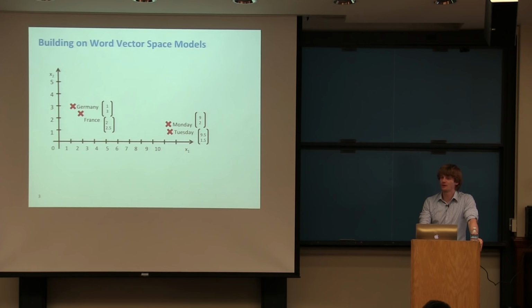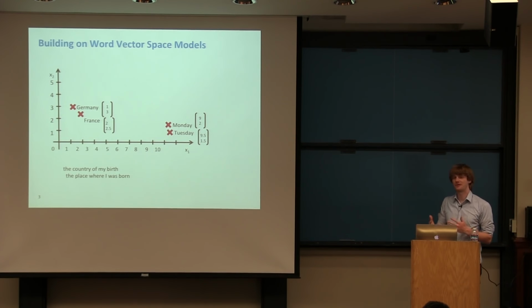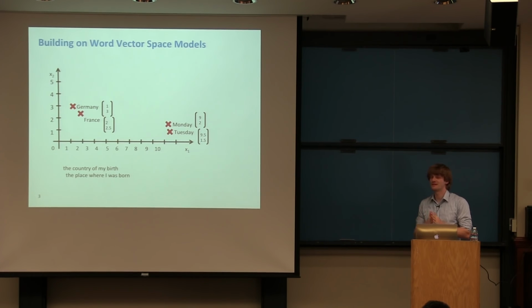And so far, we haven't really thought about what happens to vector representations when we want to represent specific short subphrases. So what if I have the 2 phrases, the country of my birth and the place where I was born, for instance? If I was to build a text summarization system, clearly I wouldn't want to include both of these, despite country and place not being that similar, and birth as a noun and where I was born as a verb.